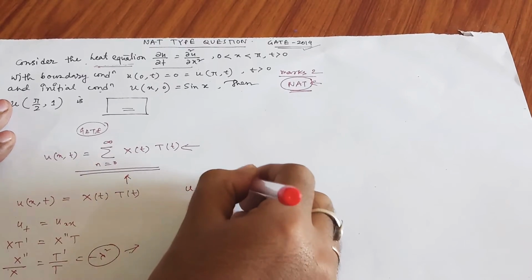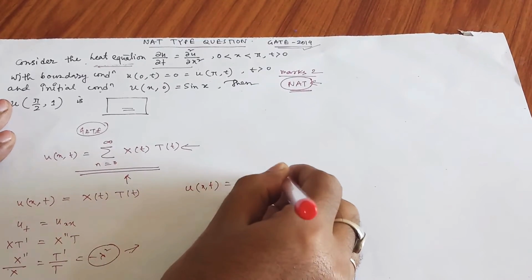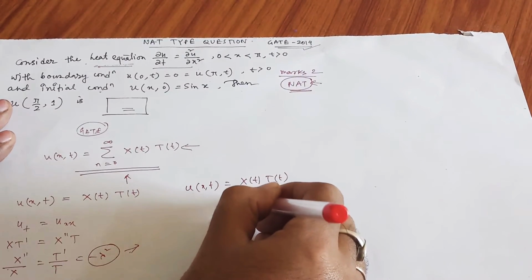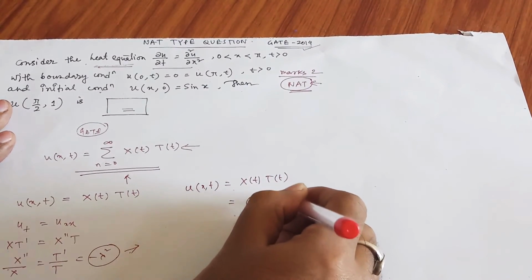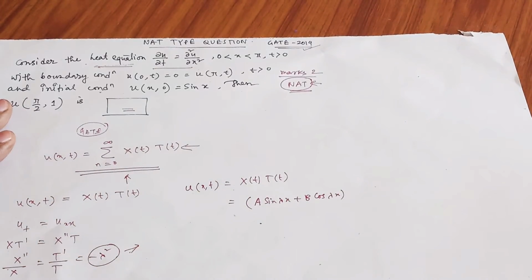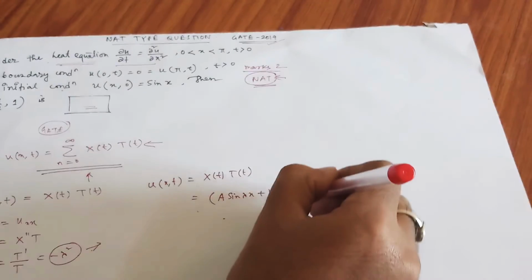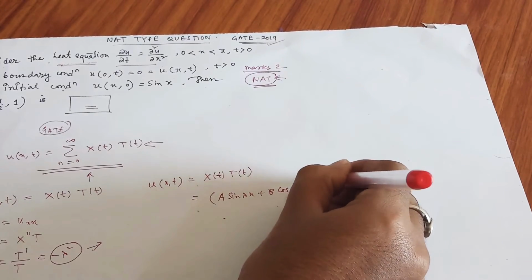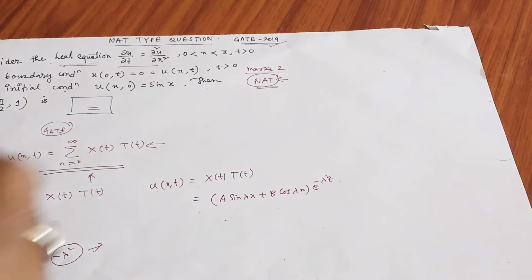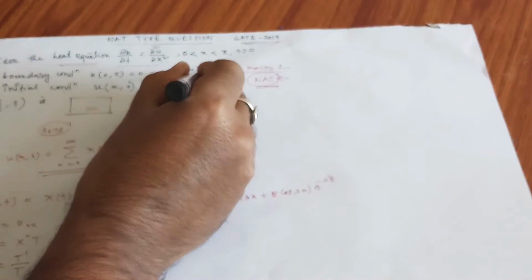Okay, fine. Now that will give you u(x,t). If we treat it simply this way, first case, then that will give you (a sin lambda x plus b cos lambda x) multiplied with e to the power minus lambda square t. Okay, now look at the conditions, given this way.